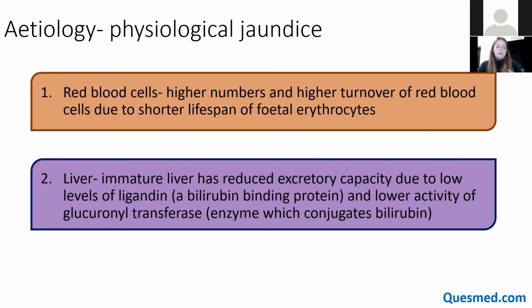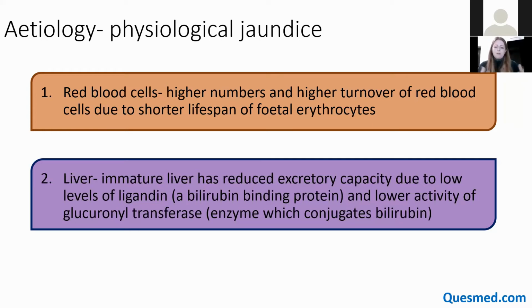The second key reason is the neonate's liver. In the womb, the fetus doesn't do a lot of its own bilirubin metabolism. A lot of the bilirubin created in the fetus's circulation gets dealt with by the placenta. So it doesn't have to have high stores of ligandin and the enzyme glucuronyl transferase to metabolize its own bilirubin.